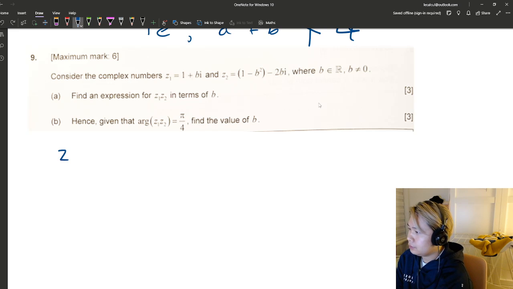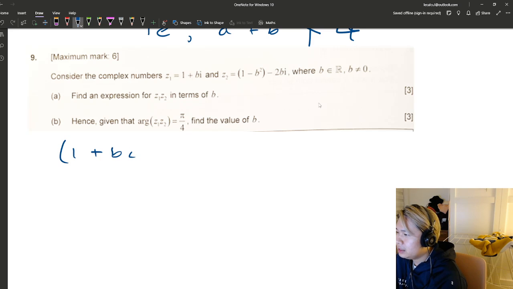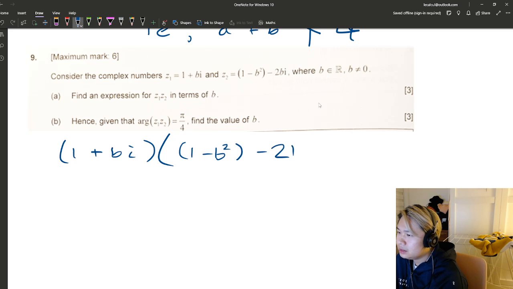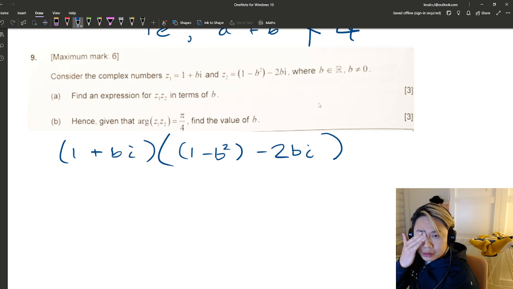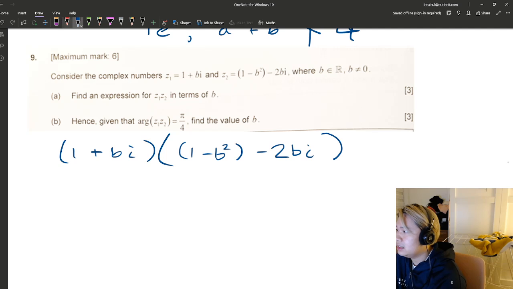So we have 1 plus bi times 1 minus b squared minus 2bi. You can expand this however you want to. I'm just going to do this the long way. 1 times that is 1 plus b squared.